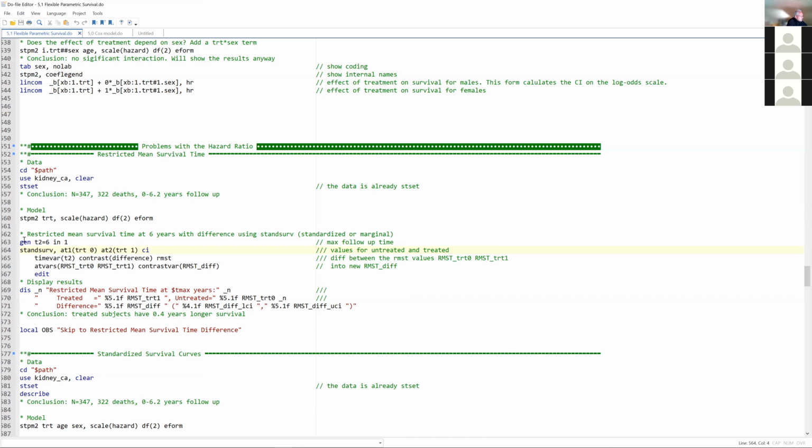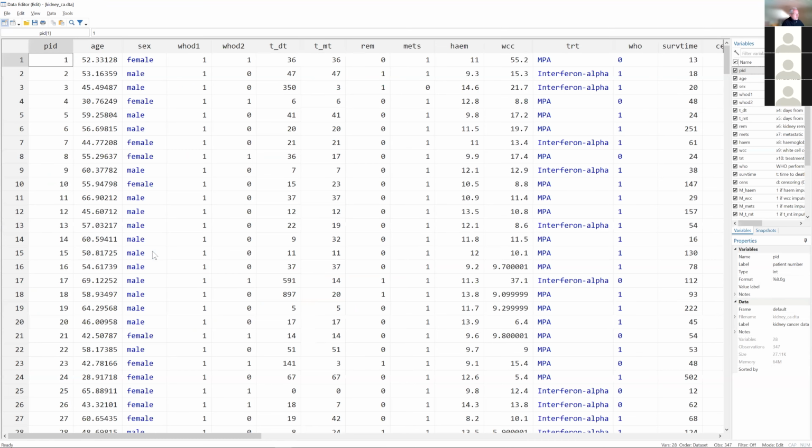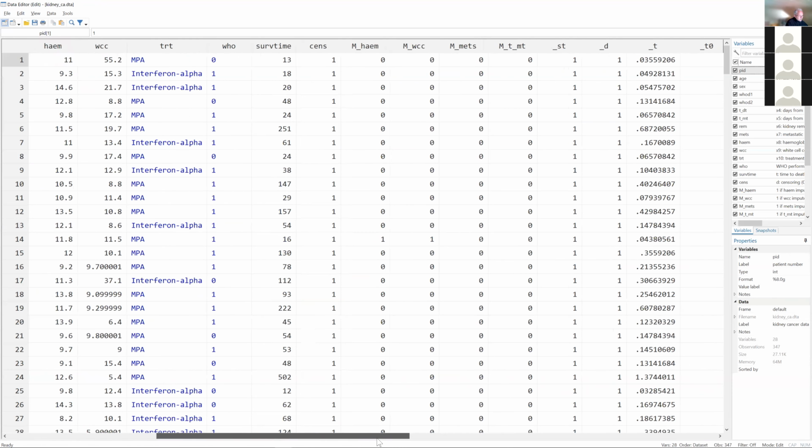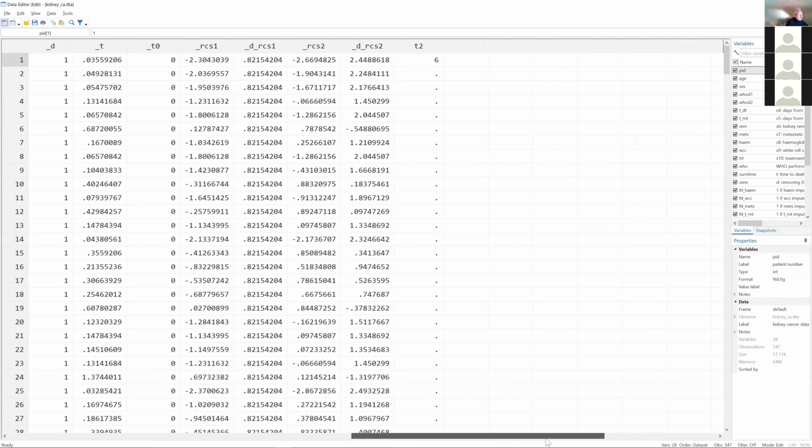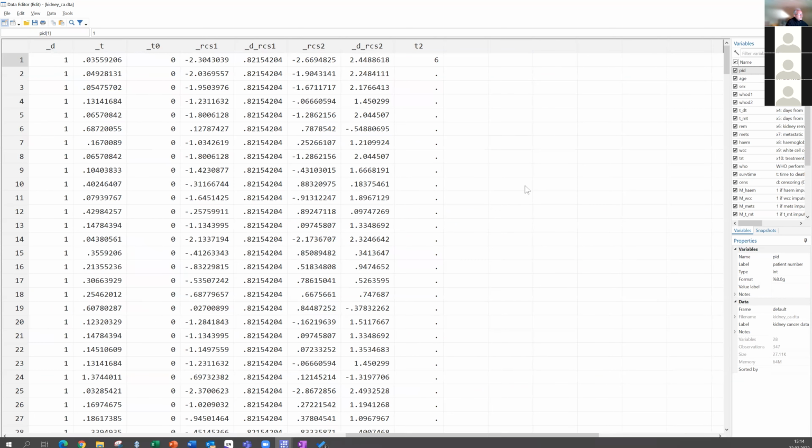Okay, let's run it and take a look at the results. I think maybe I forgot to run the model. Let's see. No, we got results here. So let's scroll all the way out to the right side of our data. Yes.